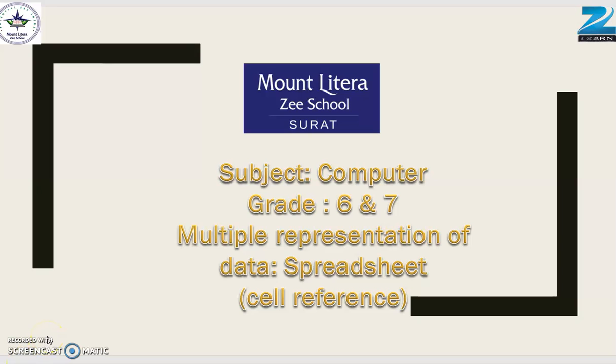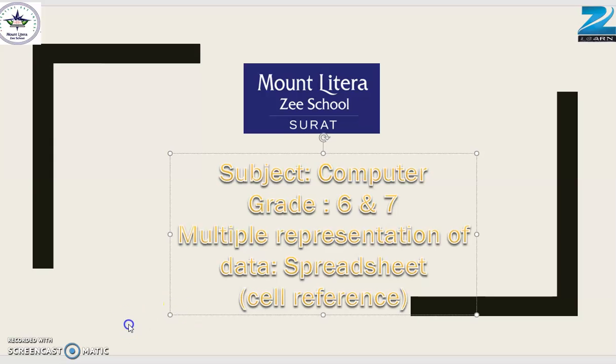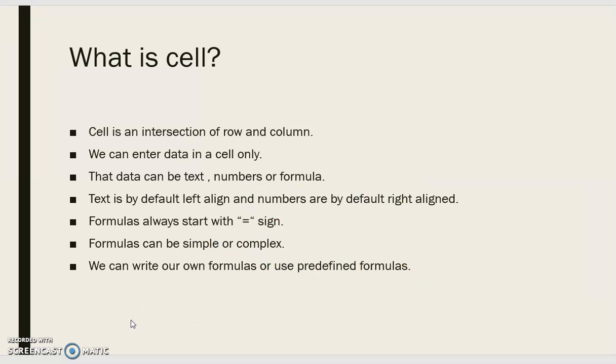In this video we are going to learn about cell reference in spreadsheet. What is a cell? A cell is an intersection of row and column. We can enter data in a cell only. That data can be text, numbers or formula.